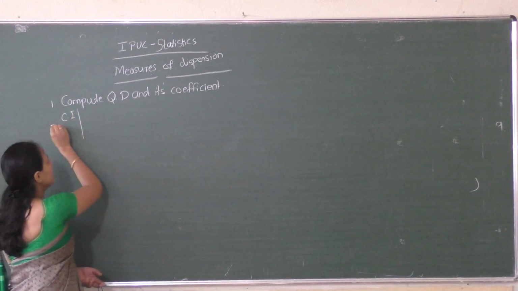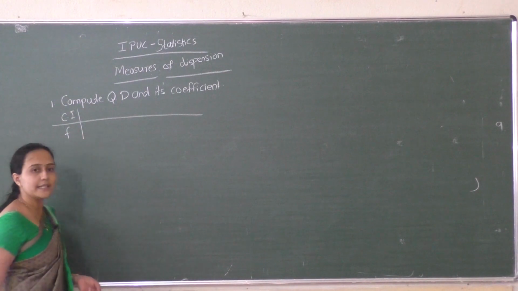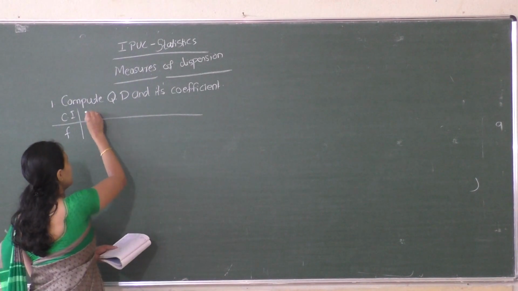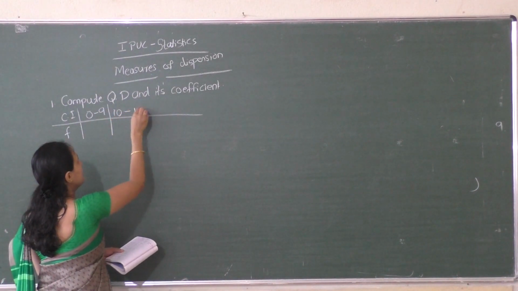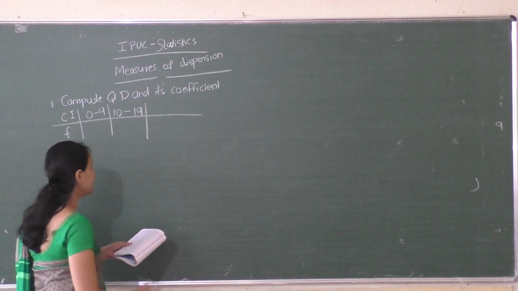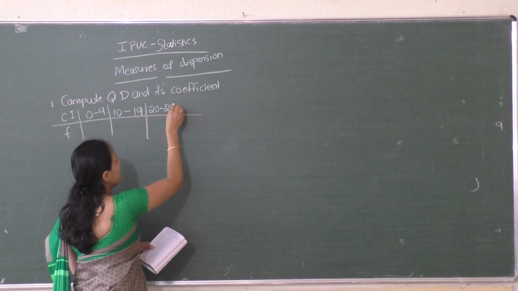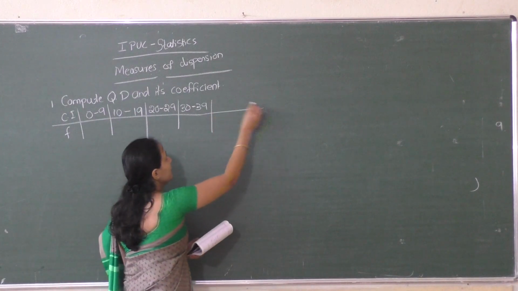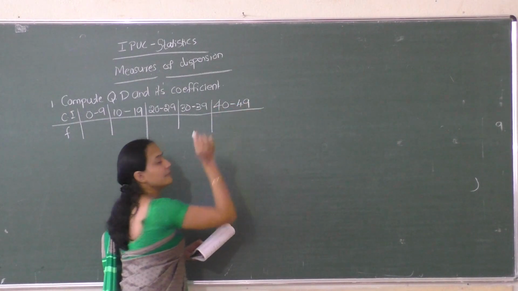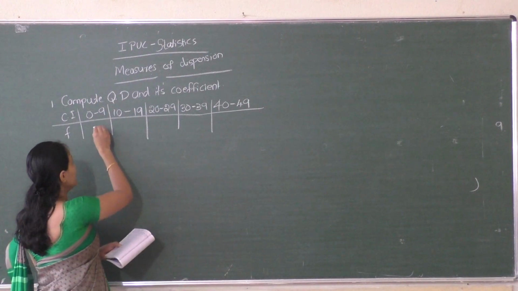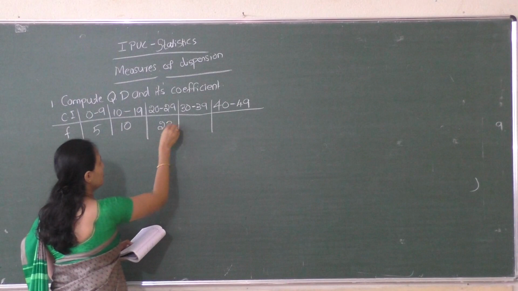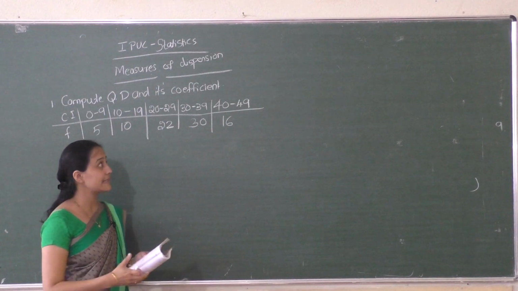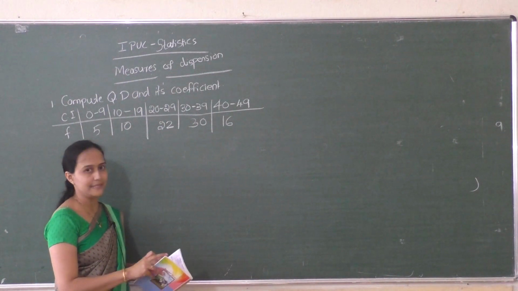The class intervals are 0 to 9, 10 to 19, 20 to 29, 30 to 39, and 40 to 49. Frequencies are 5, 10, 22, 30, and 16. So it is a continuous frequency distribution, with continuous class intervals given.